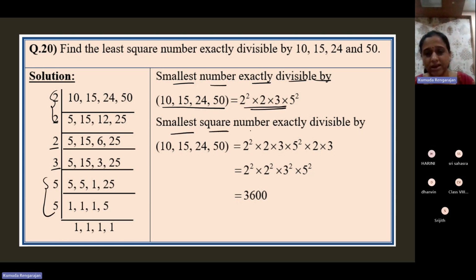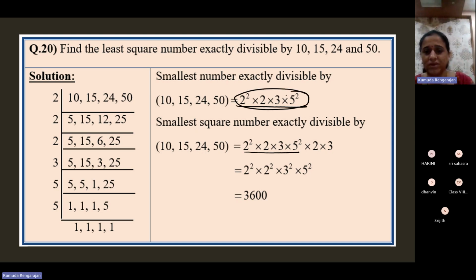The smallest square number exactly divisible by these four numbers will be: write all these prime factors and multiply them with one 2 and one 3. Now 2 into 2 becomes 2 squared, 3 into 3 becomes 3 squared.